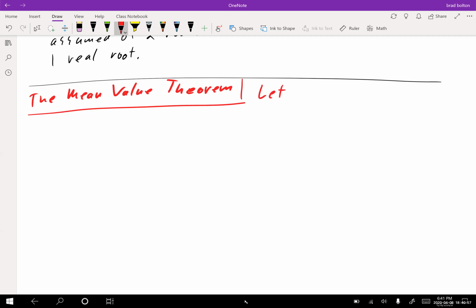The mean value theorem says let f of x be a function satisfying the following criteria.